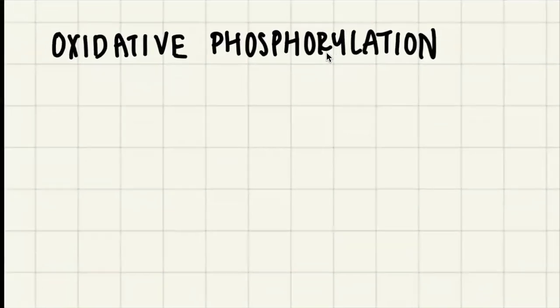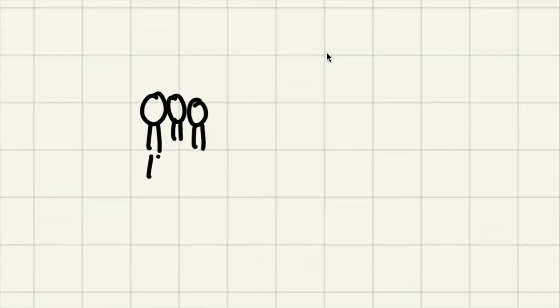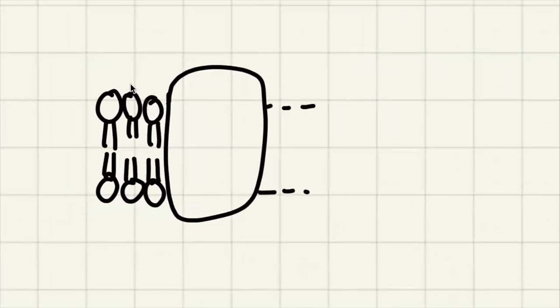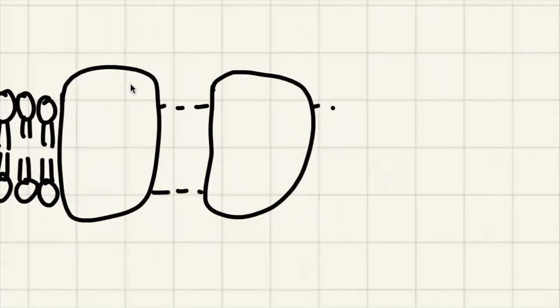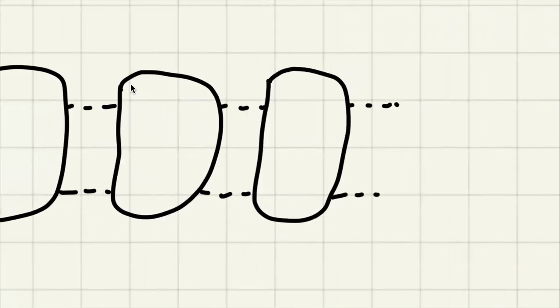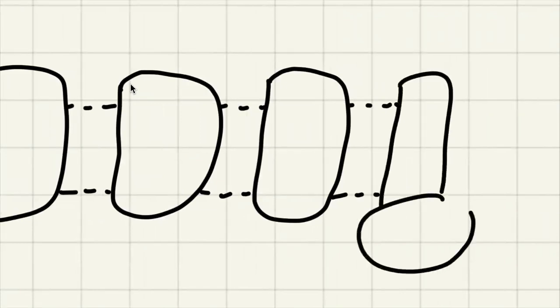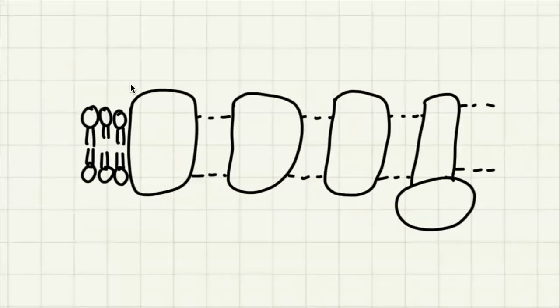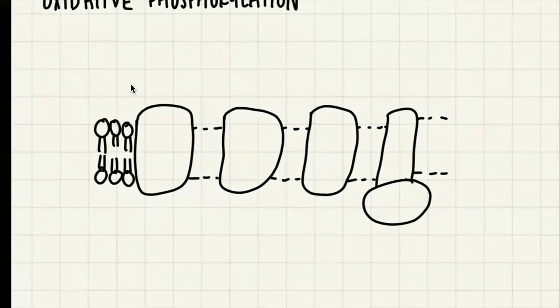Okay, so let's draw a little diagram. Okay, so this is your electron transport chain that is used for your oxidative phosphorylation.